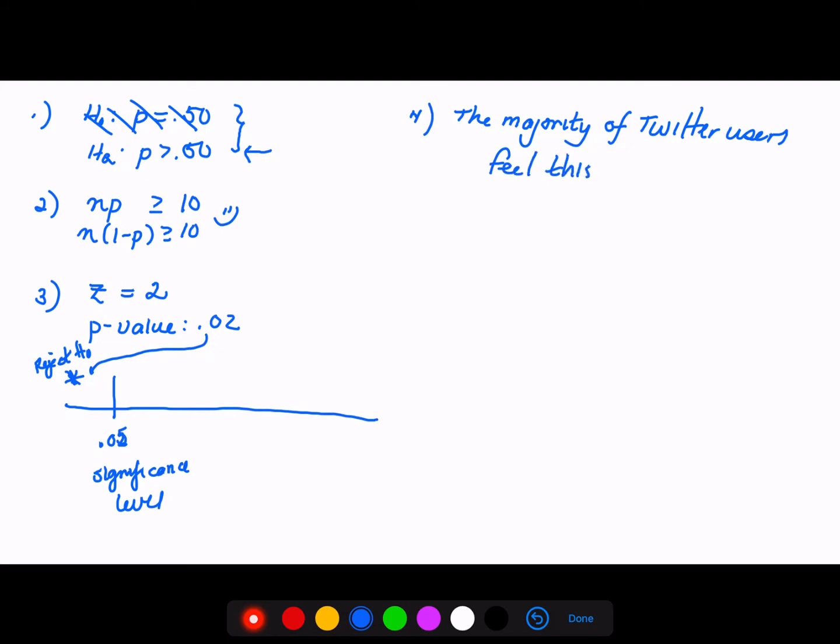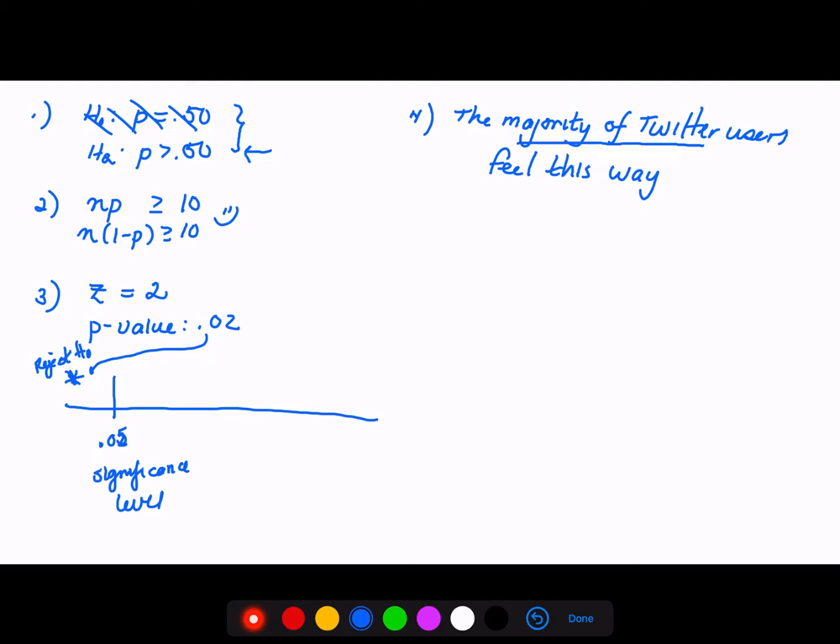And it's important to remember that this conclusion is about all Twitter users, not just the 400 that were sampled. We already know that the 400 that were sampled felt this way, but this tells us a conclusion about everyone who uses Twitter, that this sample is so unusual that it tells us that the alternative hypothesis is what we believe is true.